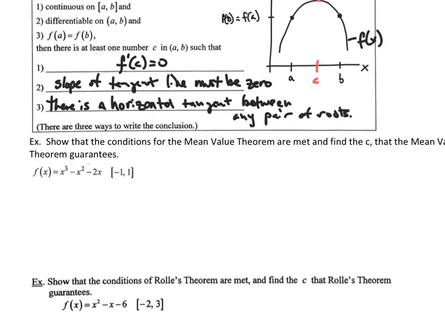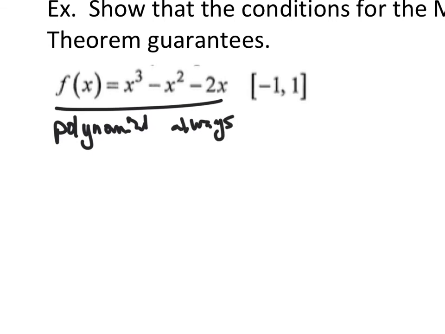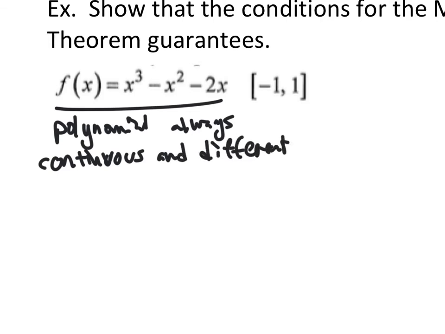What we know is that this function is a polynomial, so we know that it's always continuous and differentiable. So we know that this does satisfy the mean value theorem.